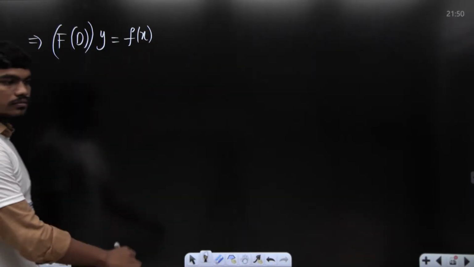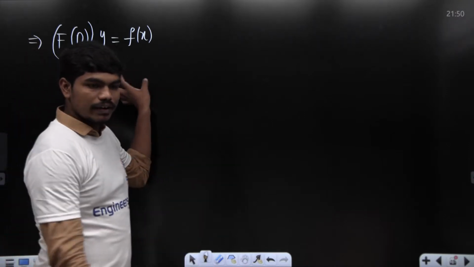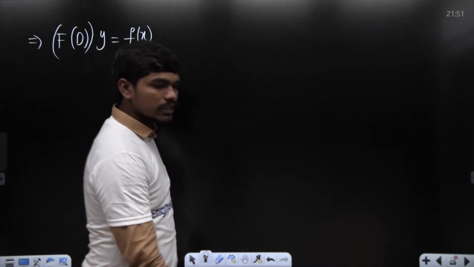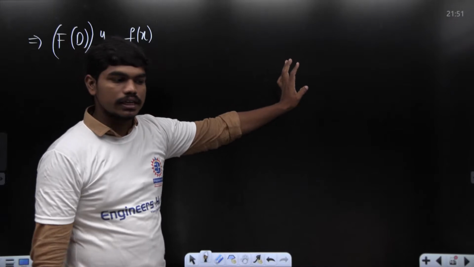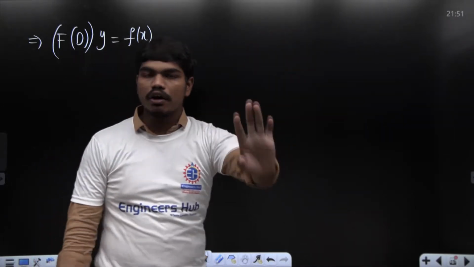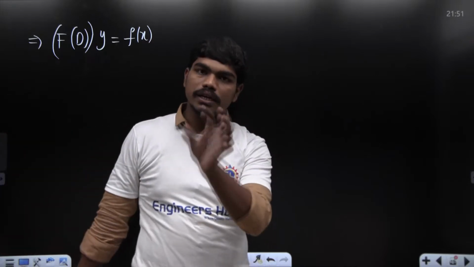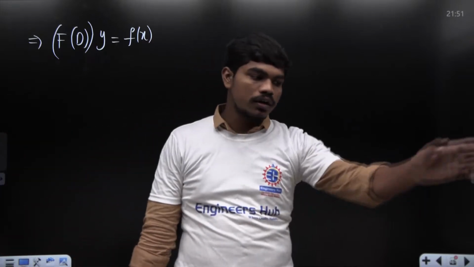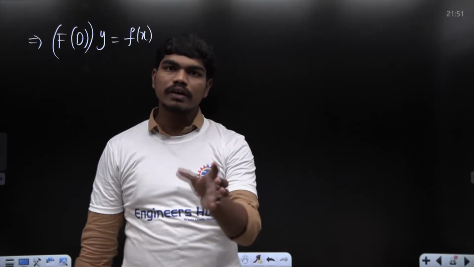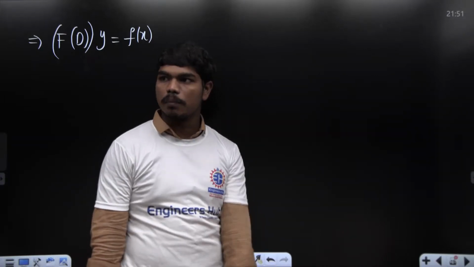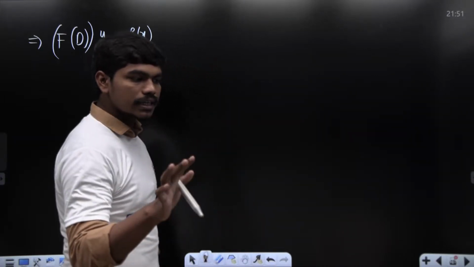Correct? Now this equation is the same as the given higher order differential equation. Will you all agree with me till this point? Did you all understand how I obtained this equation where f of D is D power n plus k1 into D power n minus 1 and so on till kn? It's a polynomial function in terms of capital D, which is a differential operator. Correct? Did you all understand till this moment?